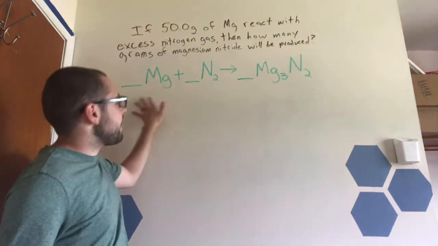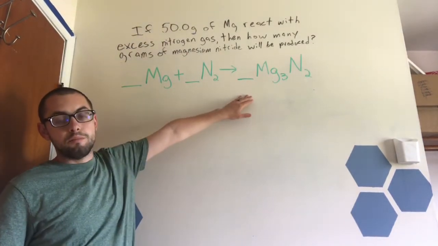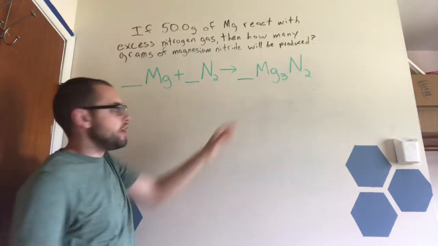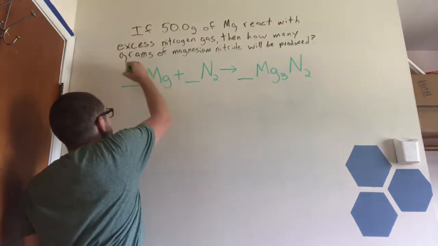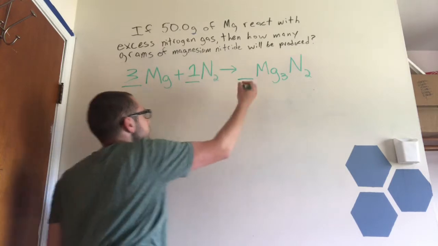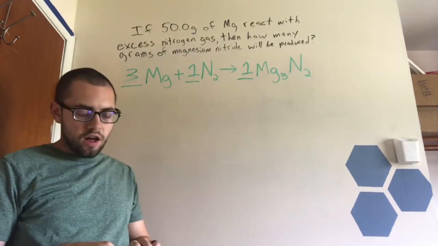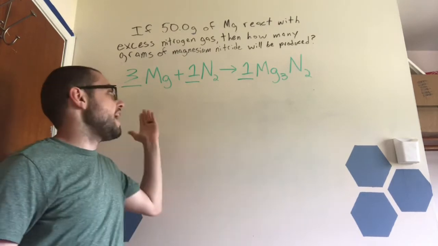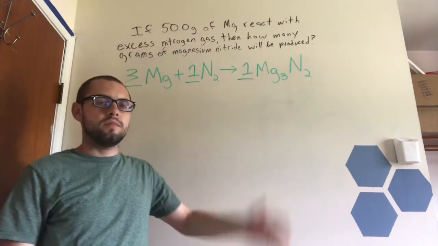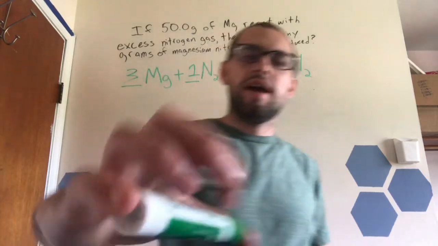If I gave you a reaction like this, the mole bridge that we're going to go with, the ratio, is 3 to 1 to 1. This is going to obey the law of conservation of mass, and now this is a balanced reaction. So there's my first step out of the way. I'm working with a balanced reaction.